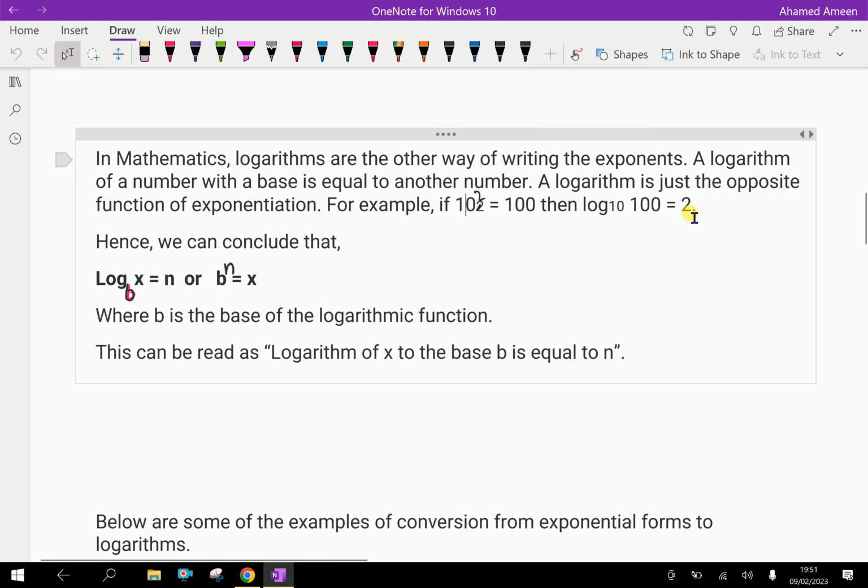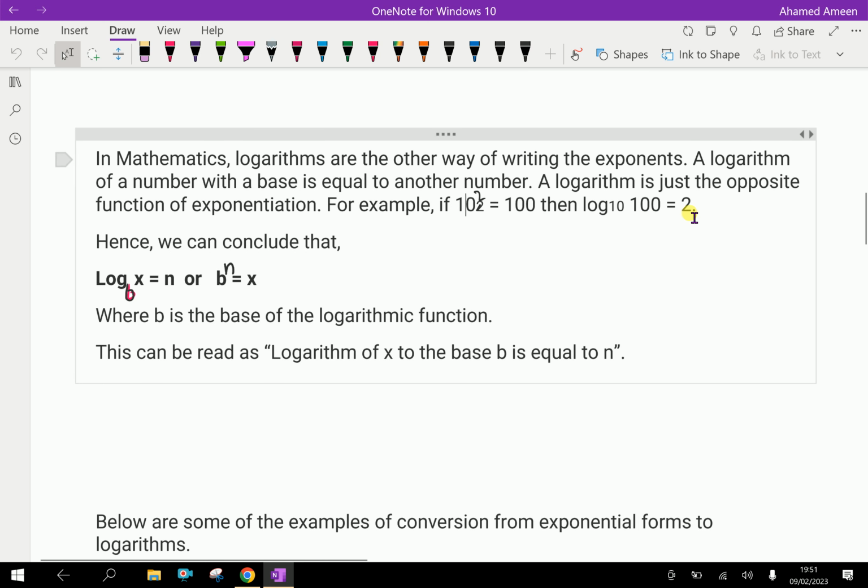For example, suppose log of x base 10 equals y, then we can say 10 power y equals x.